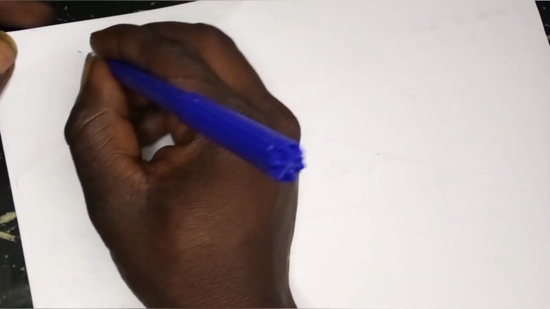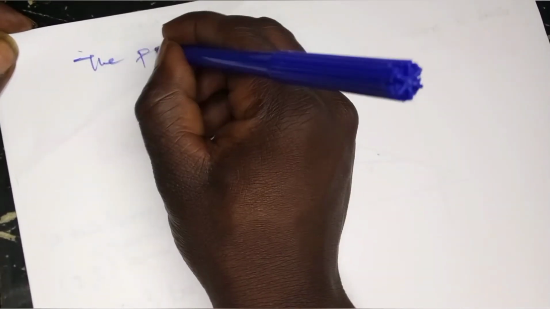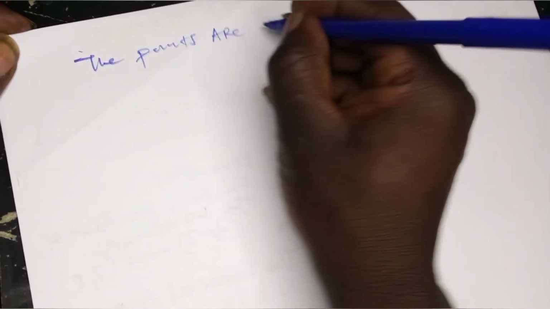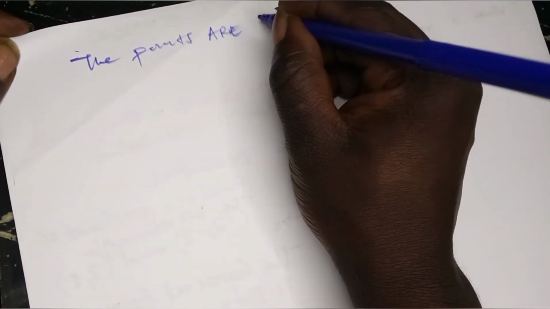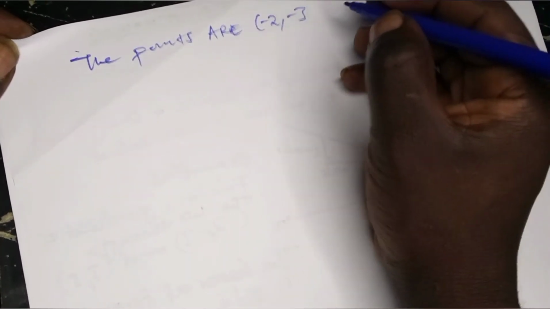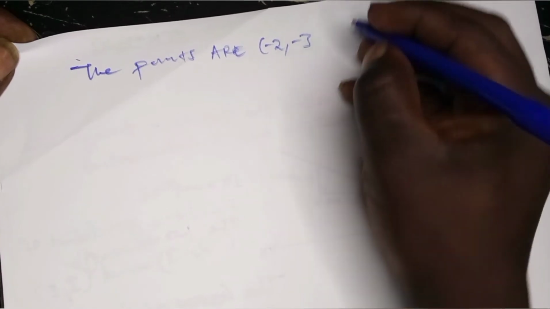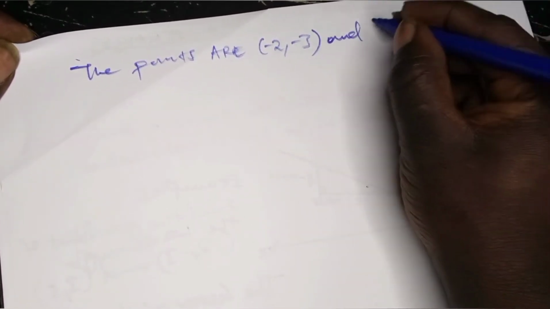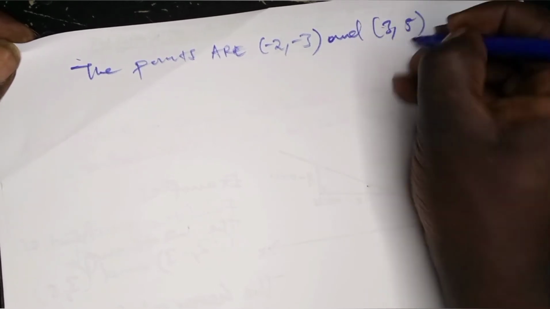So now let's try to write down the points which we have been given, which is (-2, -3) and (3, 5).